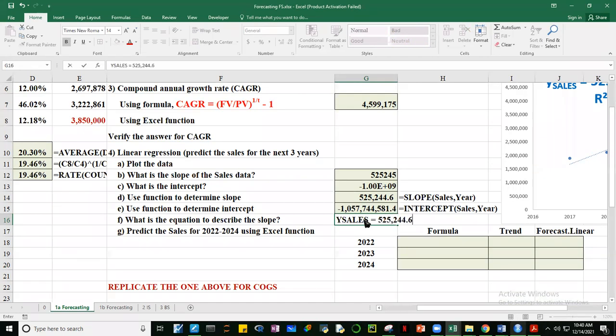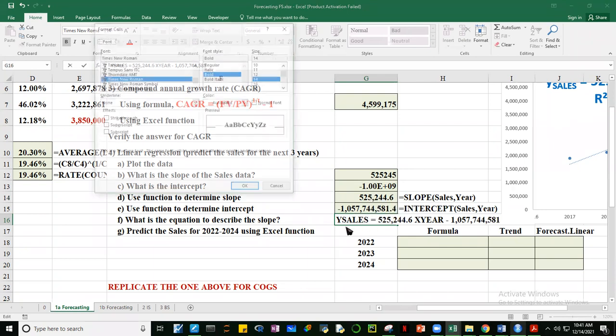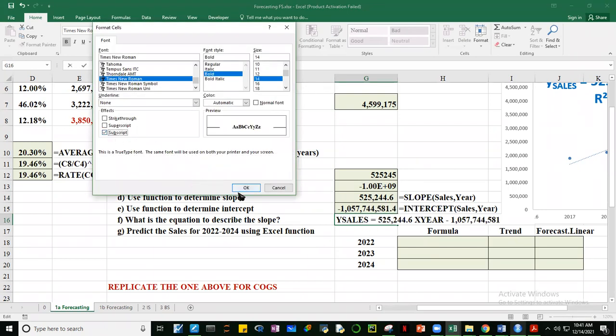So Y sales is equal to 244.6 times X here and minus 1,057,744,581. Okay, so let me just control 1 subscript.